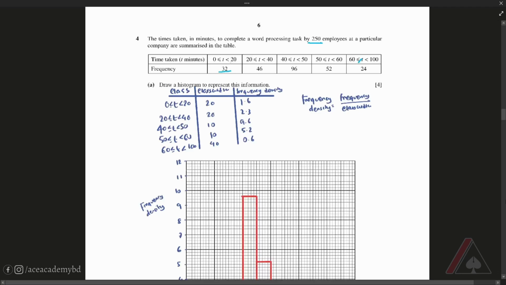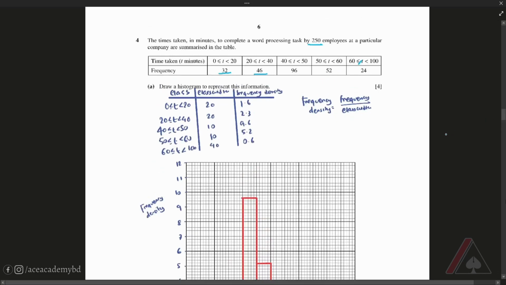So let's say 32 employees took between 0 and 20 minutes, 46 employees took between 20 and 40 minutes, and so on. So we're told to draw a histogram to represent this information. So first thing we gotta do is we gotta find frequency density. Now how do we do that?